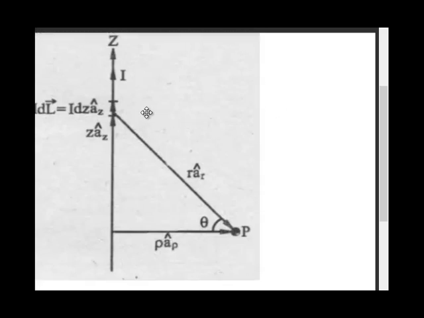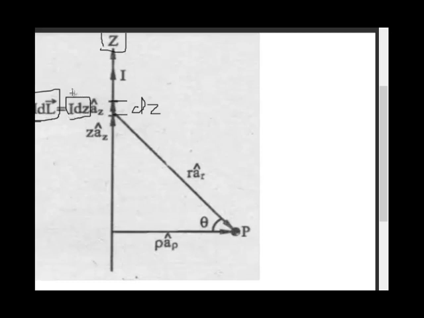It is present on the Z axis, and this filament is infinite from minus infinity of Z to plus infinity of Z. It is a straight line carrying current I, and the differential current element is marked here with a differential length in Z direction, dZ. Generalized, it is I into dL, where dL is the generalized differential length, but here it is marked on the Z axis, so the differential length will be dZ.